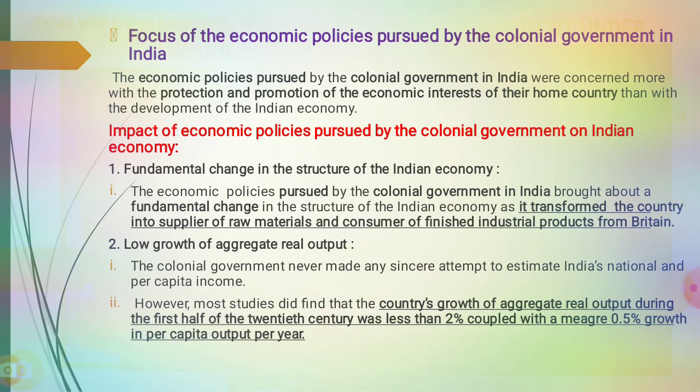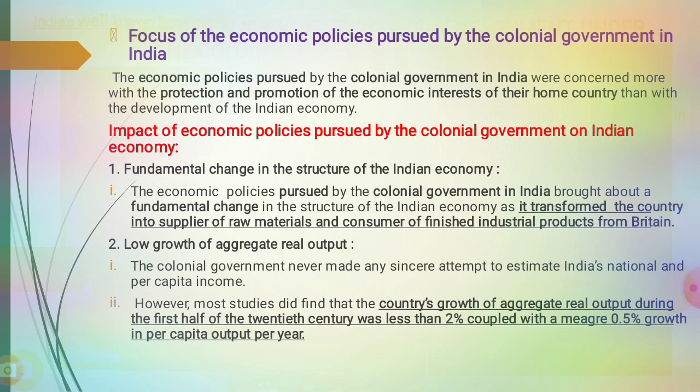Initially, we were exporting different goods and services, which resulted in an inflow of gold, silver and other bullion into our economy. But when the Britishers came, their major objective was to transform our country into a supplier of raw material and an importer or consumer of finished products from Britain.